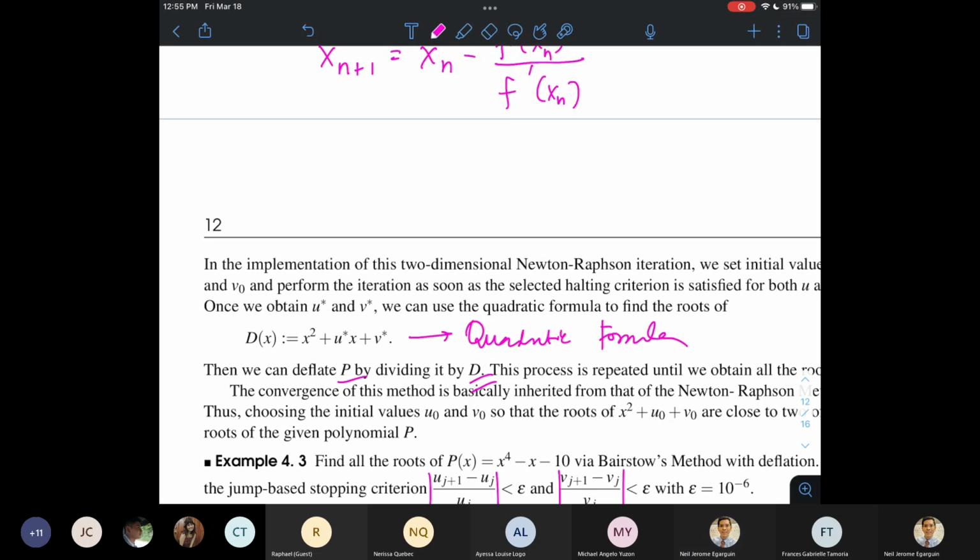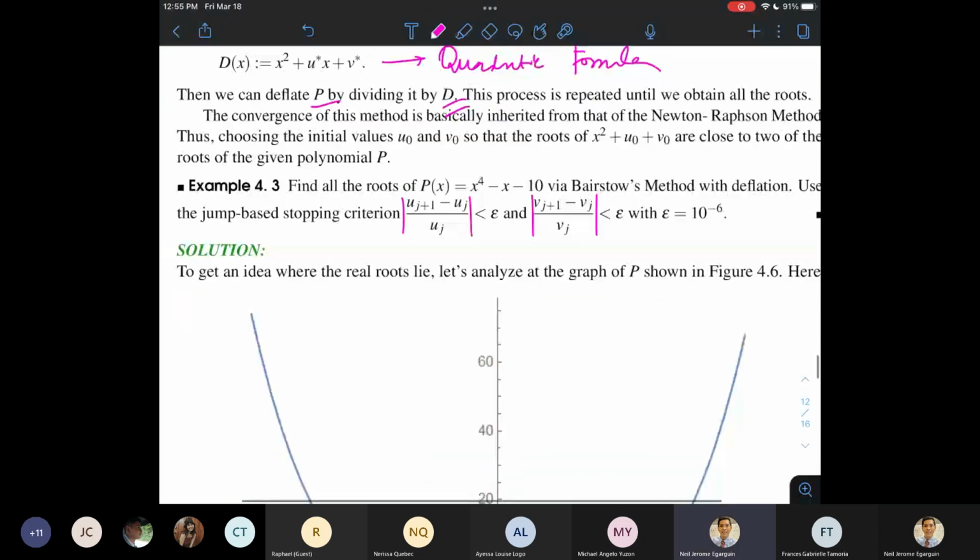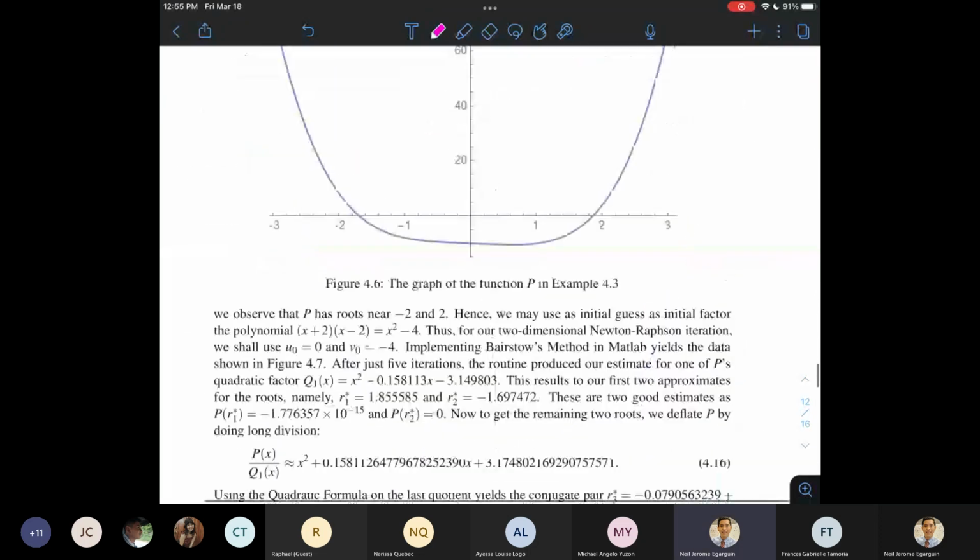All right? Okay lang ba? All right. Pero kung kaya niyo naman siyang i-code, then yeah, okay na. Bye-bye na. All right? So, pero gusto kong i-present yung code. Yun yung idea. Okay?